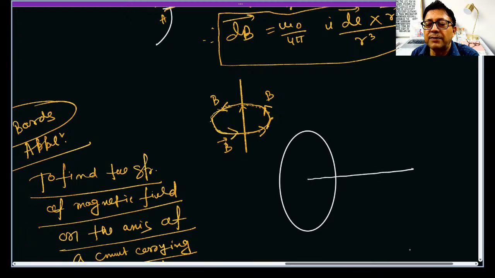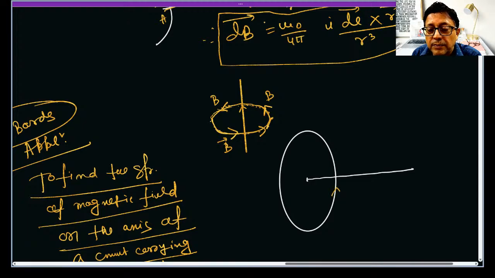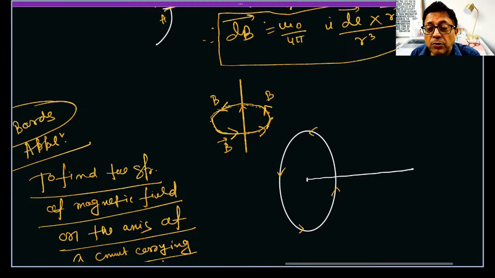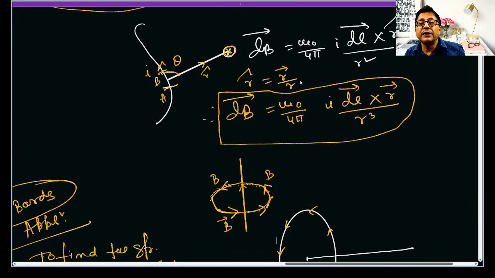This is the axis, imagine, and the direction of current is this. What is the concept? You did it for a current element only. Now, if we can do it for a current element, then for the whole wire we can find it by integration. We are going to use the method of integration.